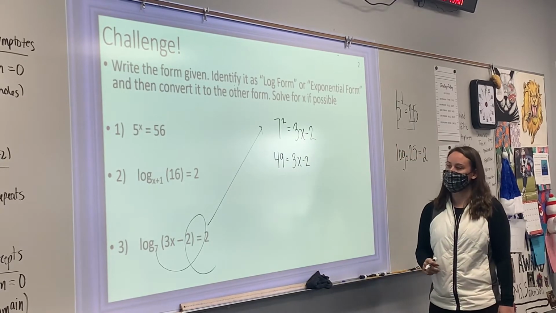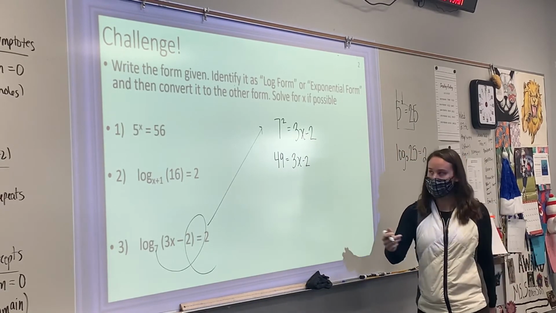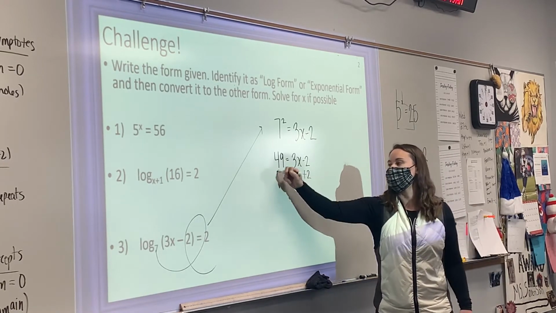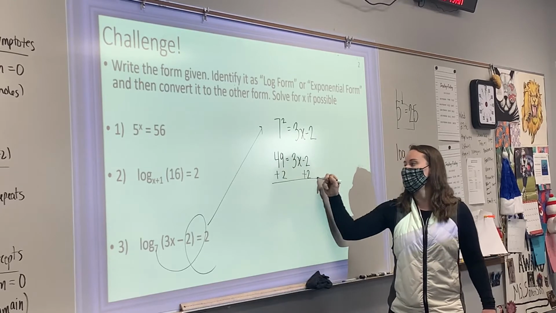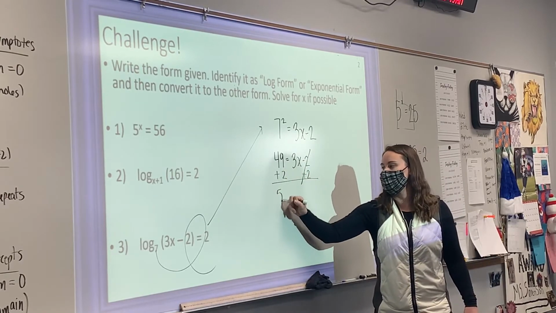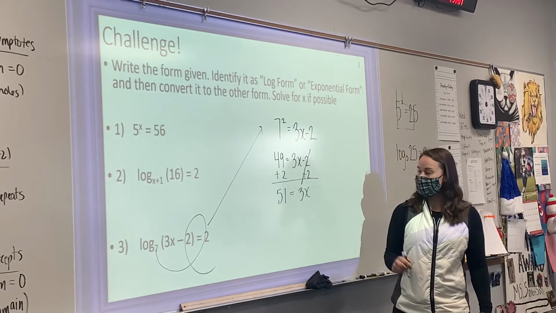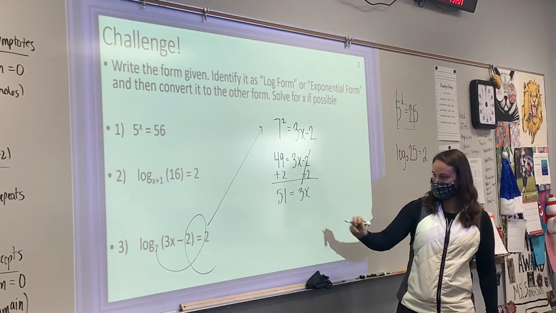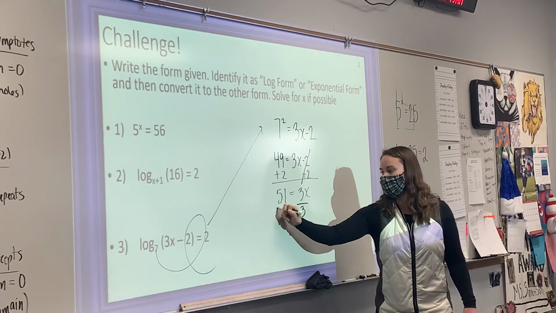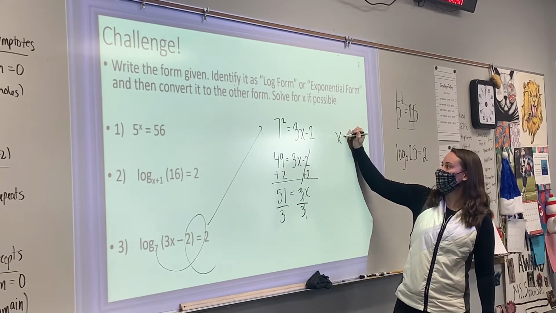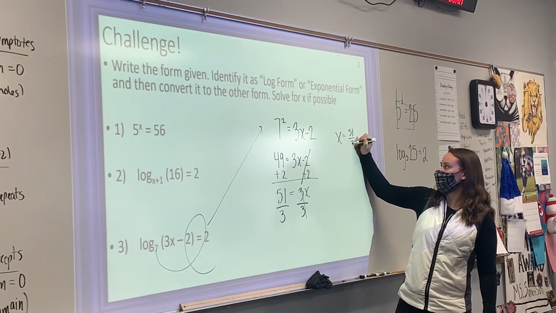Okay, so now I'm just going to solve this equation like you would in Algebra 1. How do I get rid of the minus 2? So I get 51 equals 3x. This is 3 times x, so how do I get rid of the 3 times x? Divide by 3. 3's disappear, and I'm left with my final answer of x equals 51 over 3.